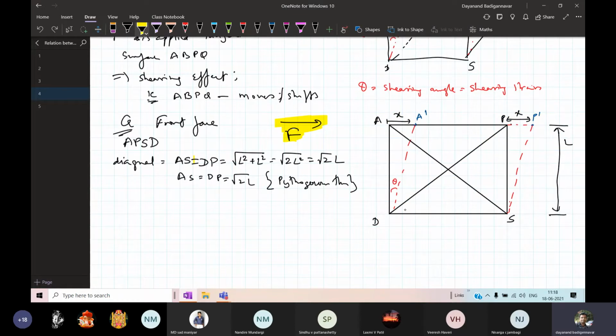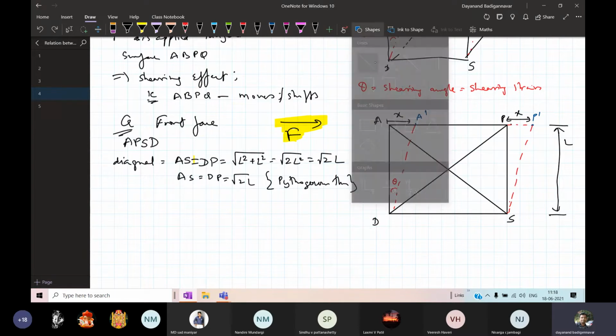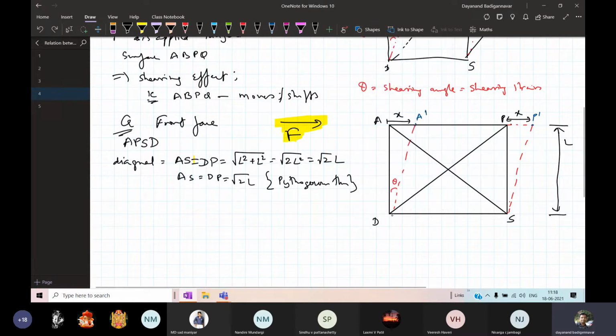Once I apply the force, the diagonal DP gets elongated. So what is the new diagonal? The new diagonal is here. So this is the new diagonal. What is the diagonal?